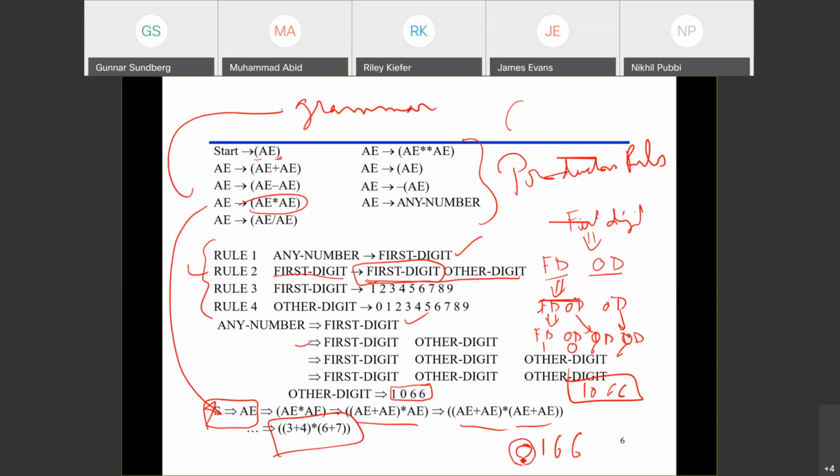You can have zero, but not at the first place in your sentence, only somewhere after the first place. So with these production rules you are not able to generate 0166. You are only able to generate words which have zero not at the start of the sentence, but somewhere in between or at the end. So this is a restriction for this grammar.